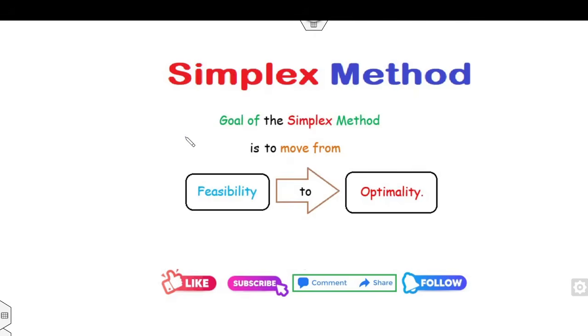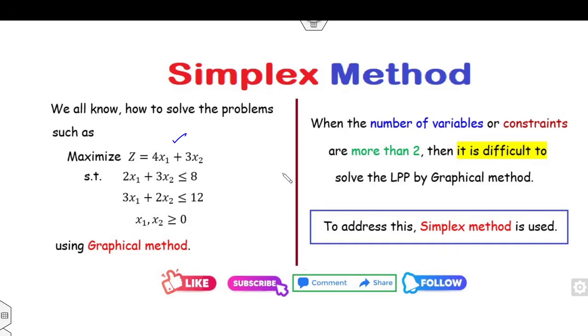First of all, what is the goal of the simplex method? That means our target is to find the optimal solution from the feasible region. That means the simplex method is applicable only when you have a feasible solution. And how can you check the feasibility? You can always see whether the right hand side is positive.